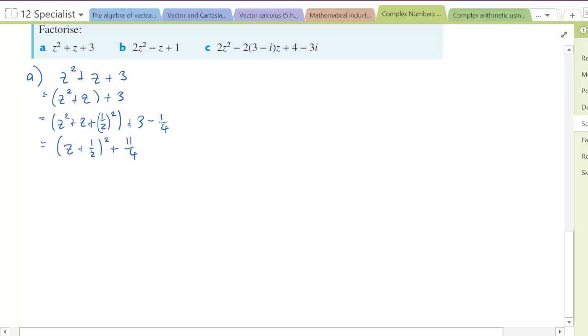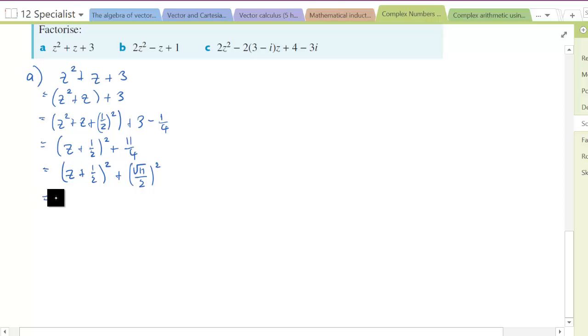Now the goal is that we can see this as a sum of squares. So we can look at this as (z + 1/2) all squared. There's our first square, and (√11 / 2) all squared. So square root top and bottom.